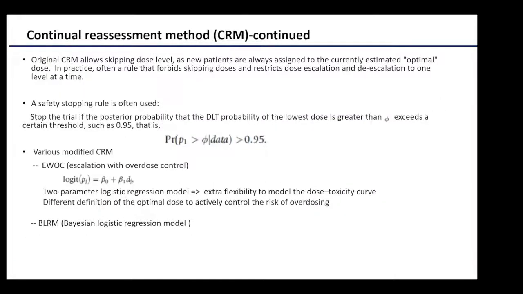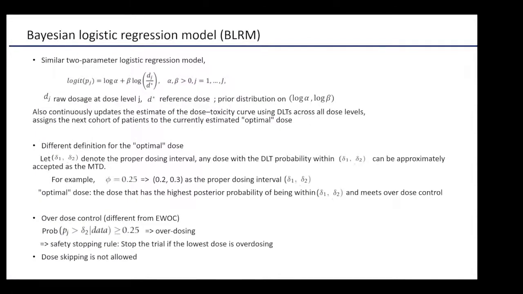There are various modifications of the CRM, and this one is called escalation with overdose control. It started to use two parameters to model the dose toxicity curve. And this is another one I see a lot in protocol reviews from certain pharma companies. They like to use this Bayesian logistic regression model. It has two parameters, alpha and beta, to model the dose toxicity curve.